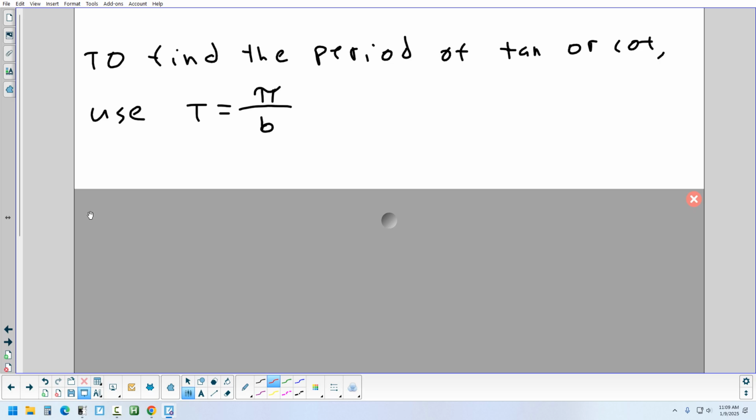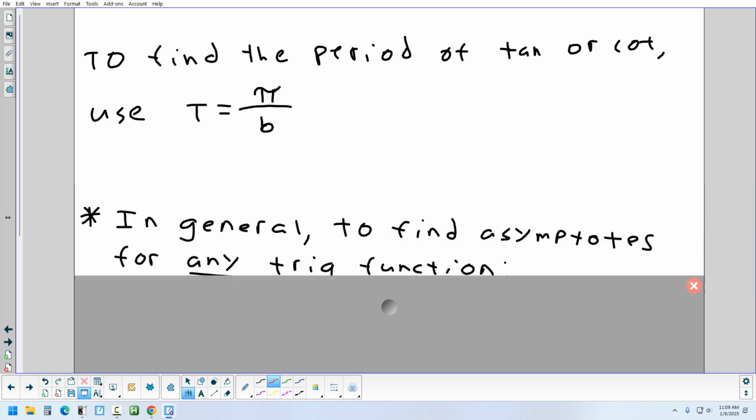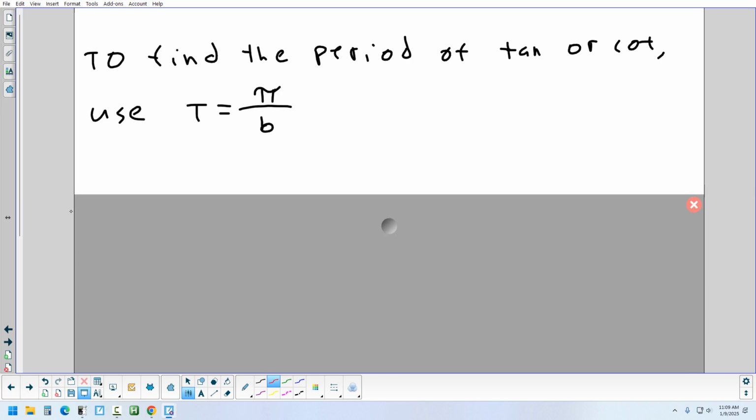If you want to think of it in general, the formula to find the period of any trig function is the original length over b. Pi is the original length for tangent and cotangent. Any question on that?